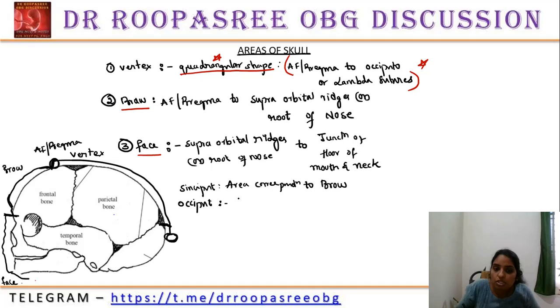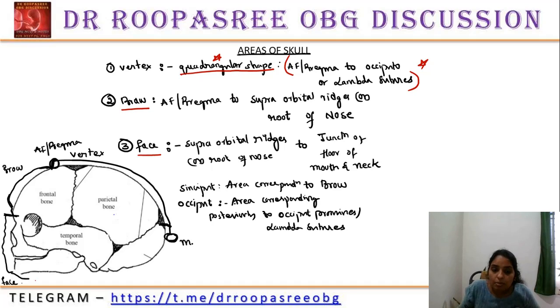It is the area corresponding posteriorly to the occipital prominence or lambda sutures. Third one, mentum.